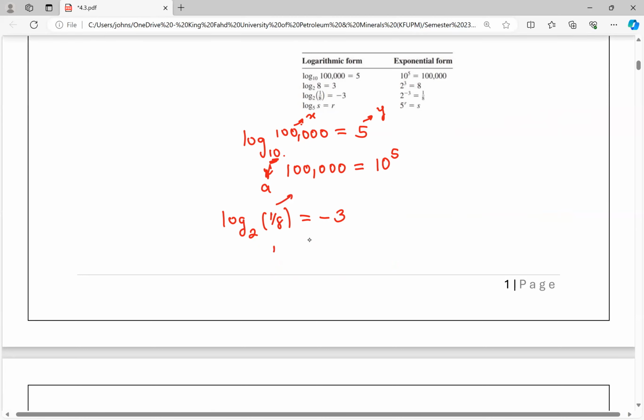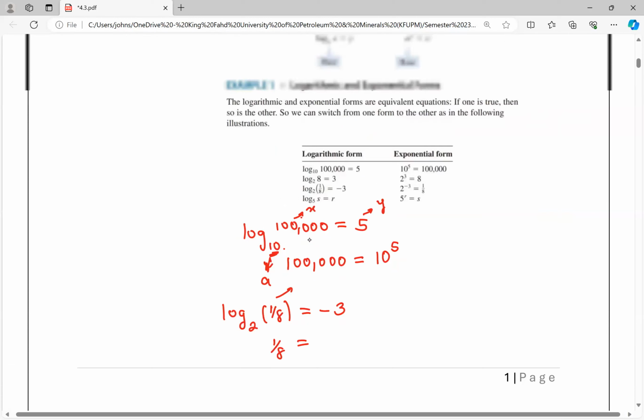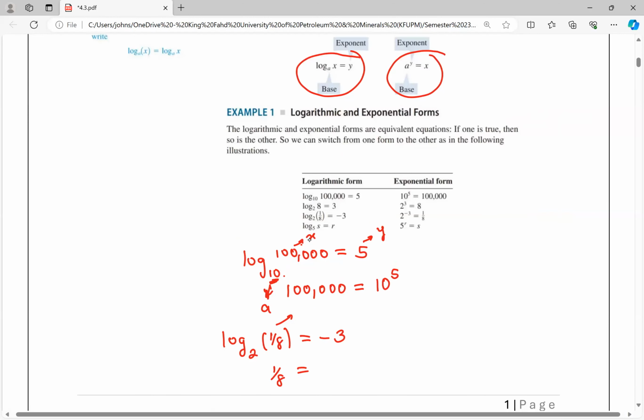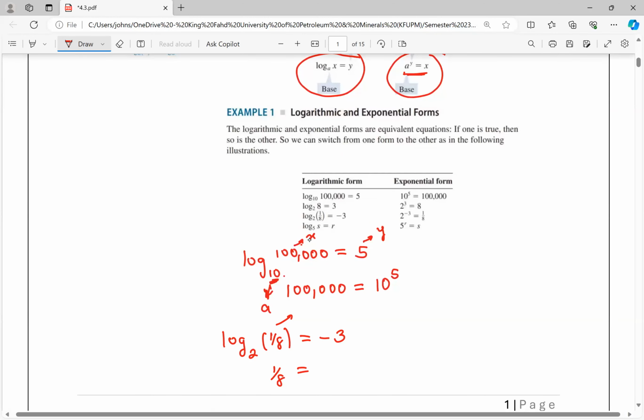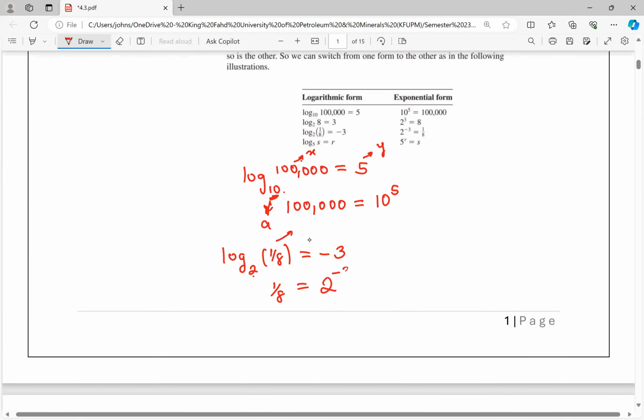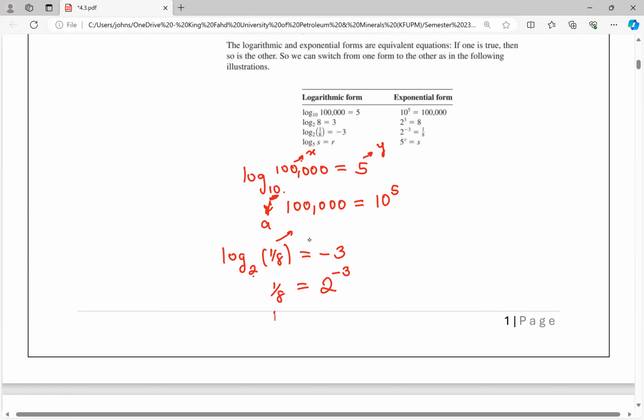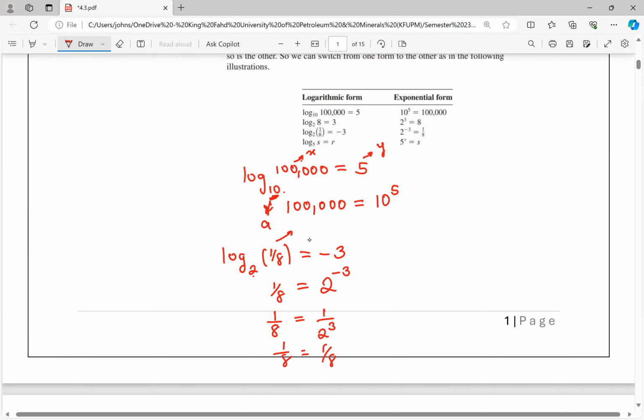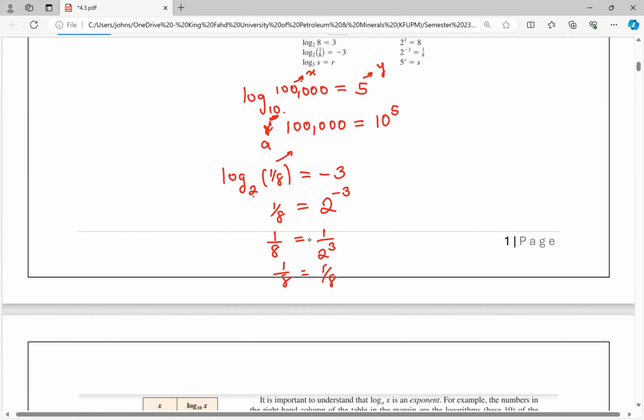So 1 over 8 is going to be x, look at it here, a to power y is equal to x. So what is a, which is 2? So you have 2 to power minus 3. And this is going to be 1 over 2 to power 3. So it's the same, right? So this is to show you that they're all equivalent.